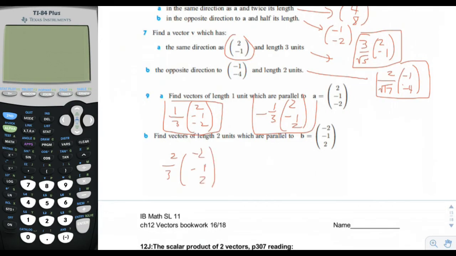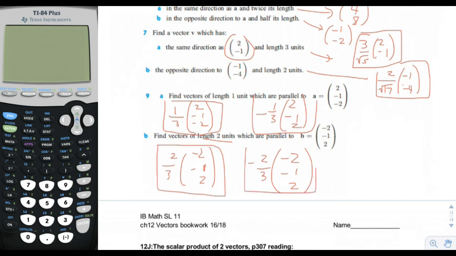We divide by 3 because the length is 3, and then we multiply by 2 because we want the length to be 2. And then we multiply by negative to get the opposite direction, because we want 2 vectors, one in the same direction and the other one in the opposite direction.